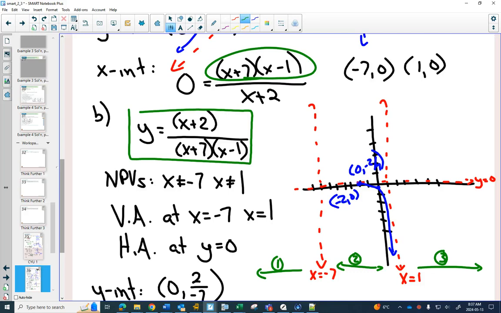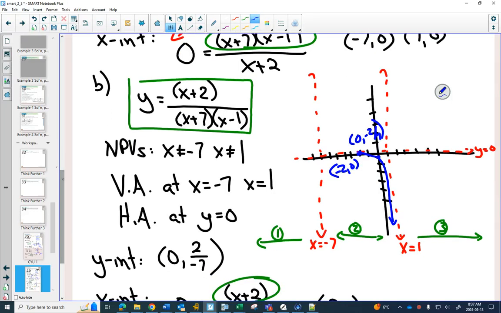I'm going to find a point in section 1. If I want to find a point in section 1, I would probably say, okay, I need to plug in something less than -7. I'm going to find out what happens if I plug in -8. Well, up on the top here, just do each of these factors on their own.